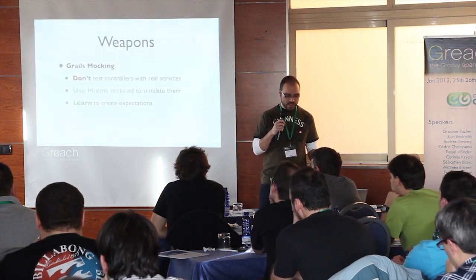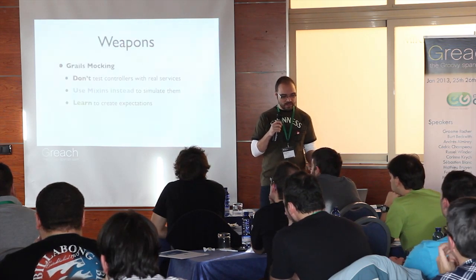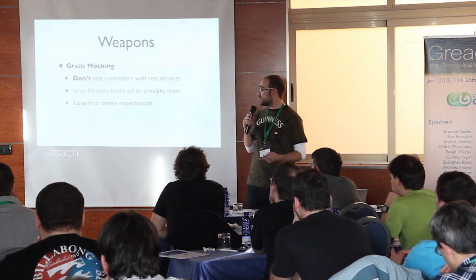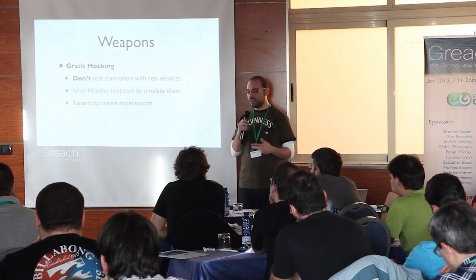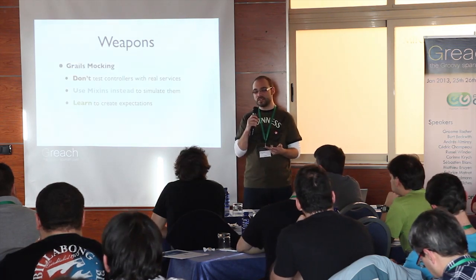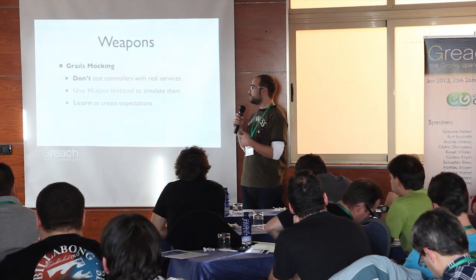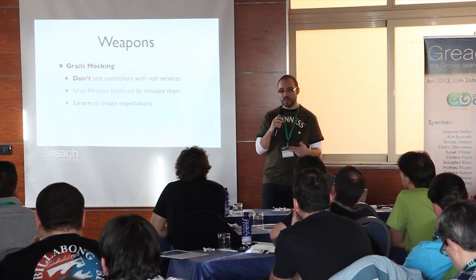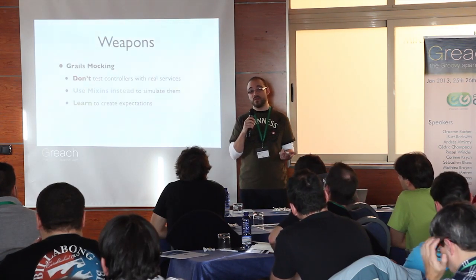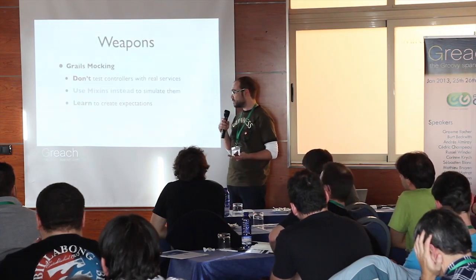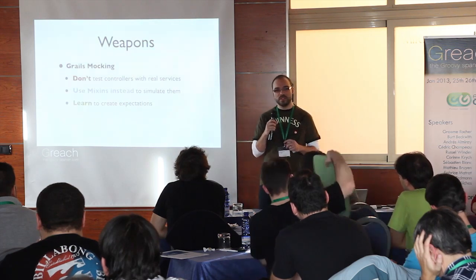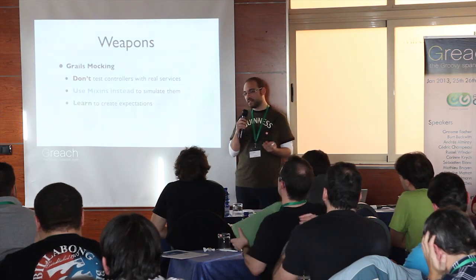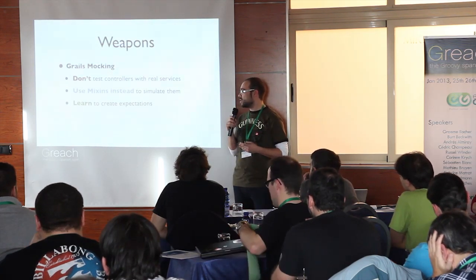So what are the weapons I usually use in my unit testing? Well, most of the time it's Grails mocking, using the mixins that we have in Grails unit testing to test controllers without the real services, because we cannot inject our services. Well, we can, but we shouldn't. So we must use the mixins instead to make sure that we are testing the controller and not the service.